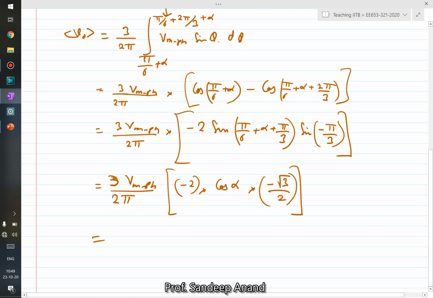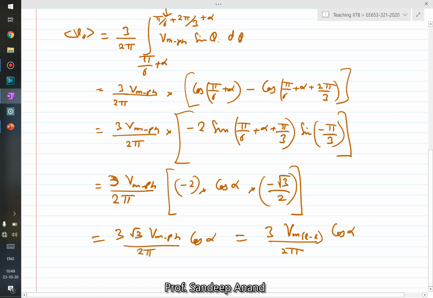So what we'll get is 3√3 Vm phase upon 2 pi cos of alpha, which you can also rewrite as 3 Vm line to line cos of alpha by 2 pi, right?